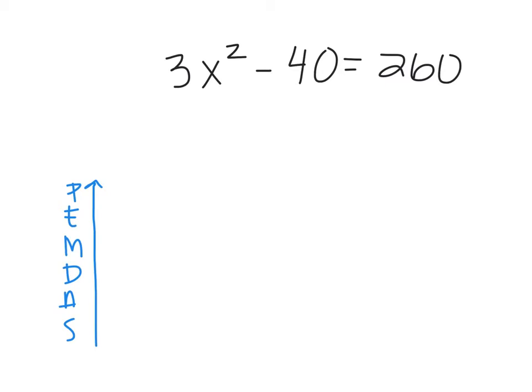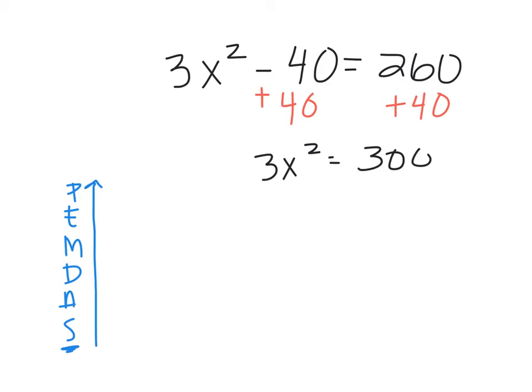Subtraction is what I get rid of first here by adding 40 to both sides, which gives me 3x squared equals 300. Then we get rid of multiplication using division. We're going to divide both sides by 3, which gives us 100.